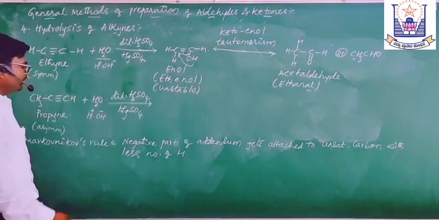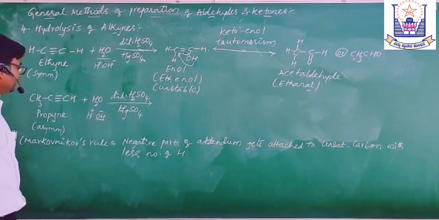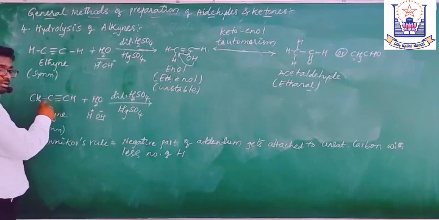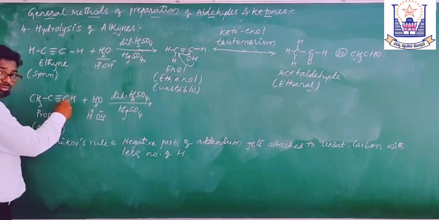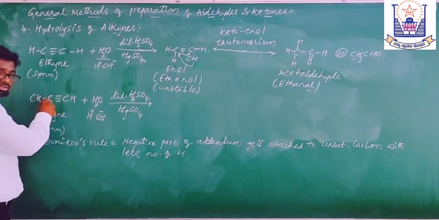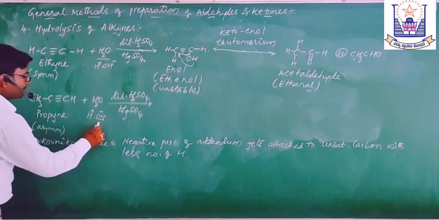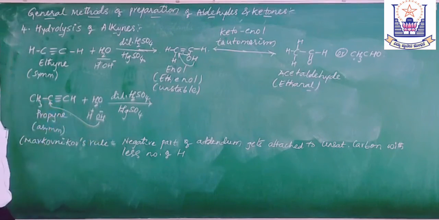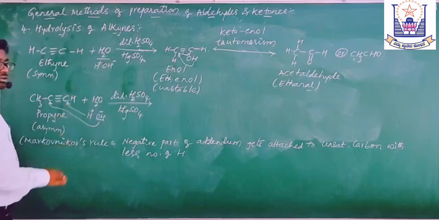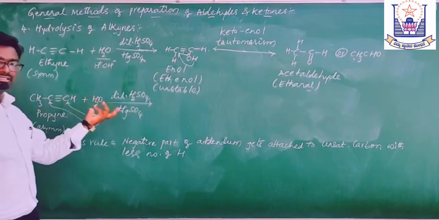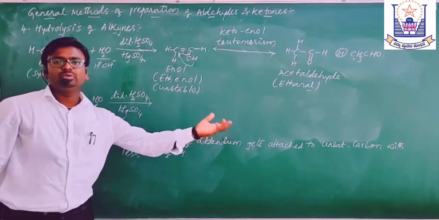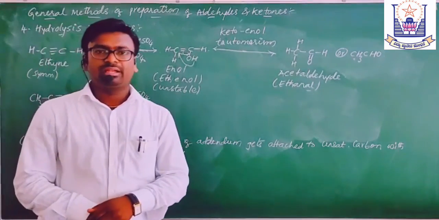What is the negative part here? It must be attached to the unsaturated carbon with the lesser number of hydrogens. Here we have one hydrogen, and here we have no hydrogen. Therefore, this is the carbon to which the negative part must be attached, and the positive part will be attached to the other. If the addition takes place this way, it gives a stable product.